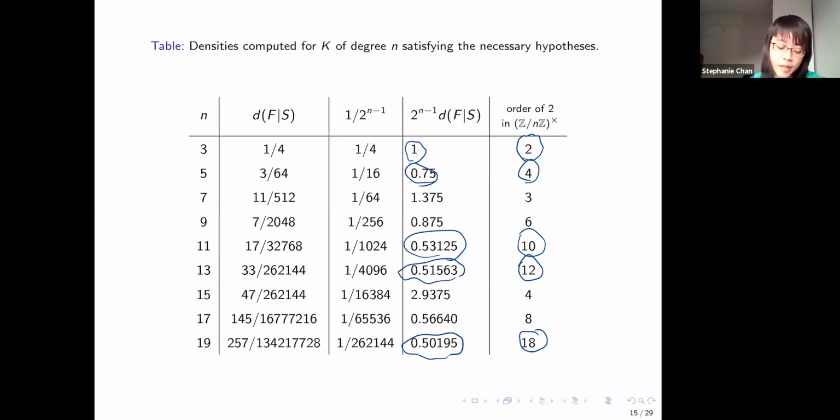So it's not a lot of data here. Of course, we can try to compute more data, but there seems to be some pattern here.